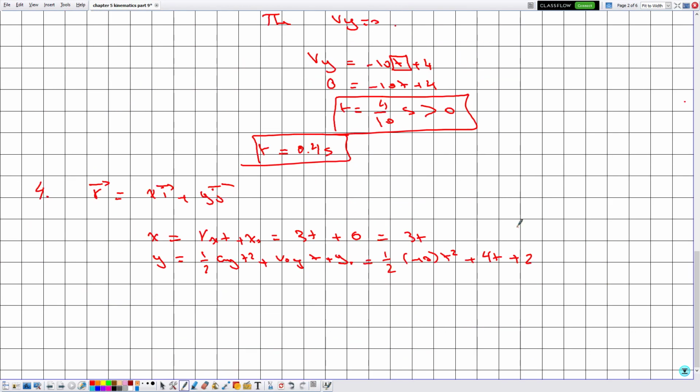So in this case, the expression of y is -5t² + 4t + 2. So the position vector r is given by 3t i + (-5t² + 4t + 2) j.